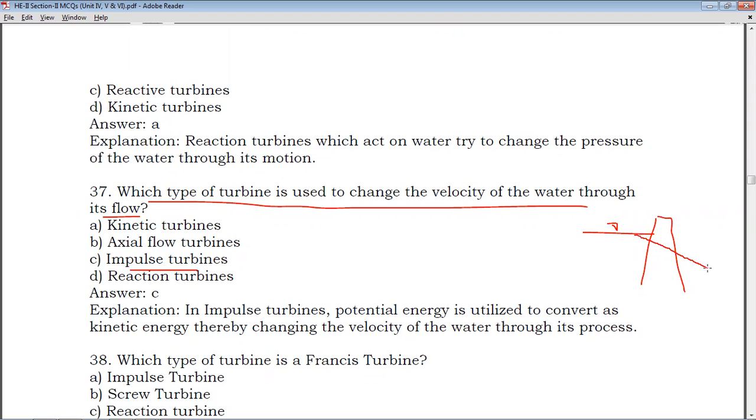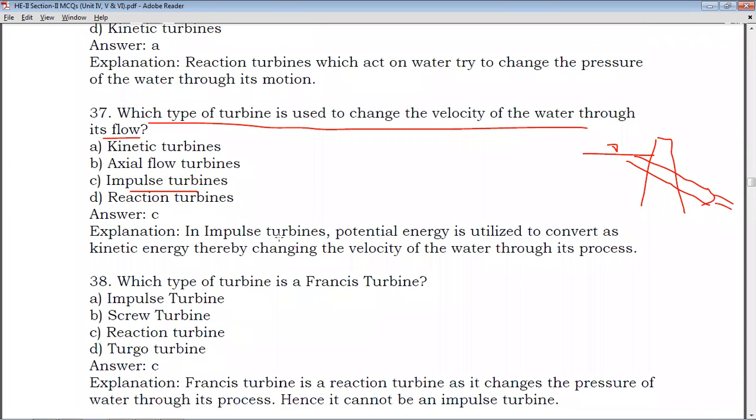So water falls from a very great height, carrying a very high amount of kinetic energy, and at its end we attach a nozzle through which water comes out with a very high velocity. So at the nozzle, for the impulse turbine, the velocity of water is going to change. And this is achieved in the impulse turbine.